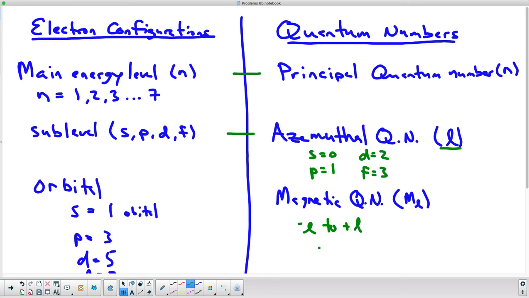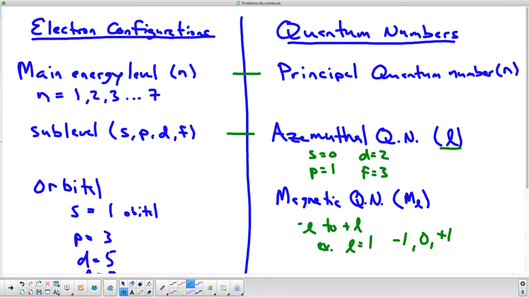For an example, if L equals 1, then I have negative 1, 0, and positive 1 as my magnetic quantum numbers.